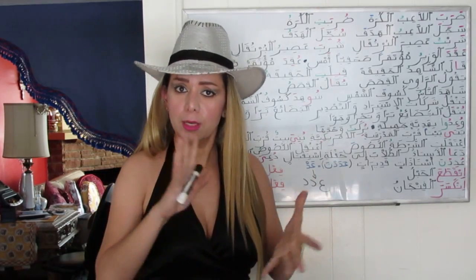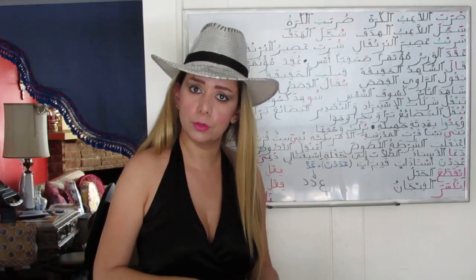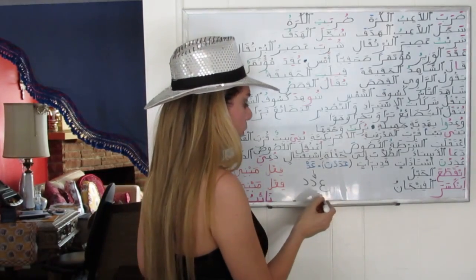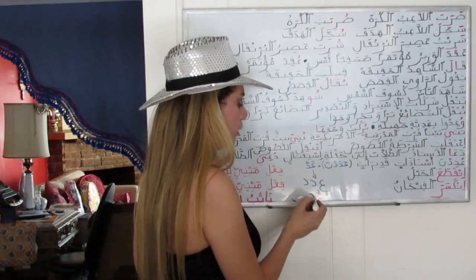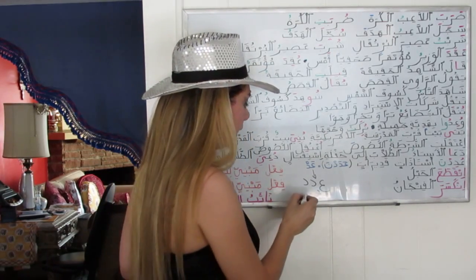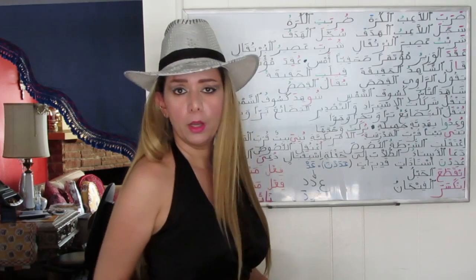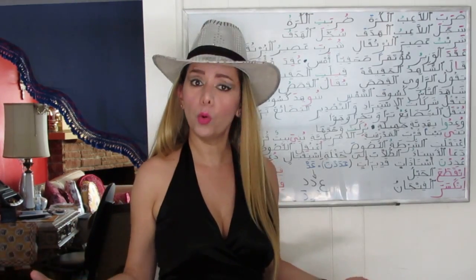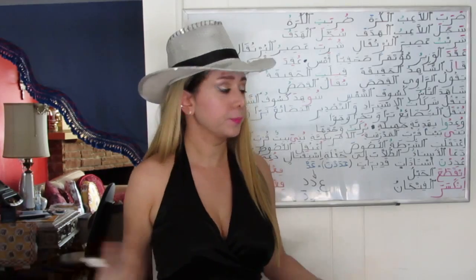So let's just apply what we have learned. The U for the first radical, and the kasra for the second radical, and the dal. عُدِدَ means it was counted or it was considered.